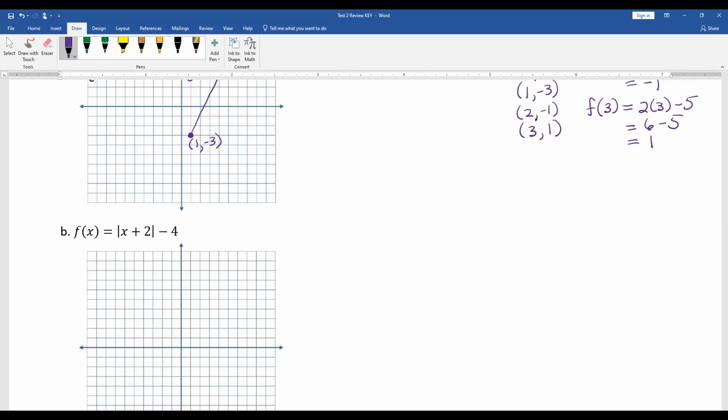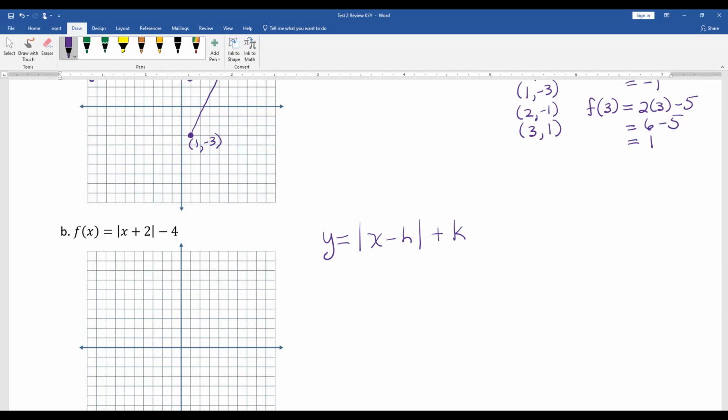Do y'all remember the translation function? It's y equals the absolute value of x minus h, close absolute value, plus k.